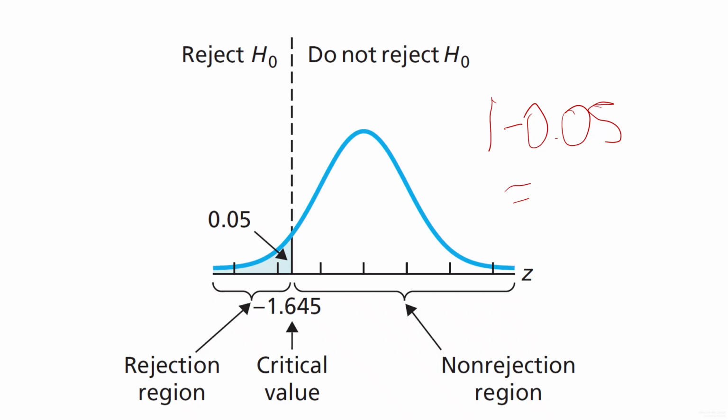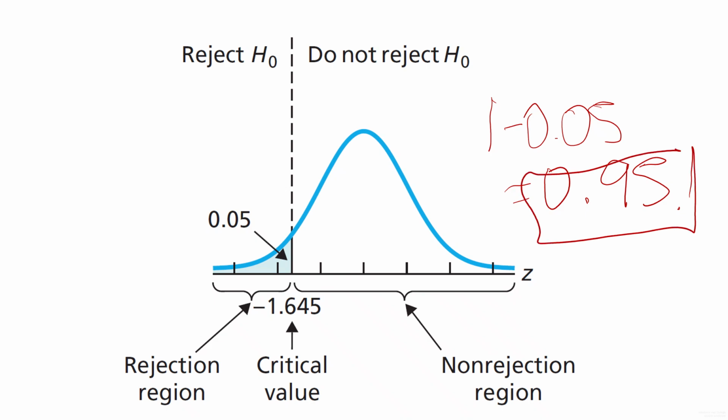And again, you guys are going to start to memorize these things because you use them so often in statistics that you actually won't have to calculate some of these things. I mean, do you already know? You probably do. Okay, so 1 minus 0.05 is 0.95. Then we want to go and do 0.95 in the body of our table. And when you look at 0.95 in the body of your table, you're going to find two numbers that are equally far apart.